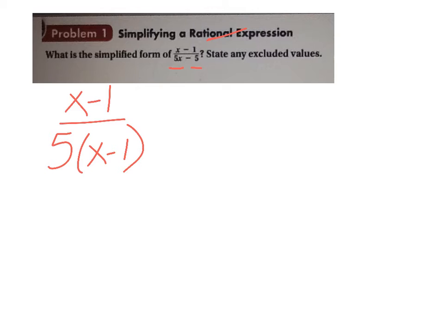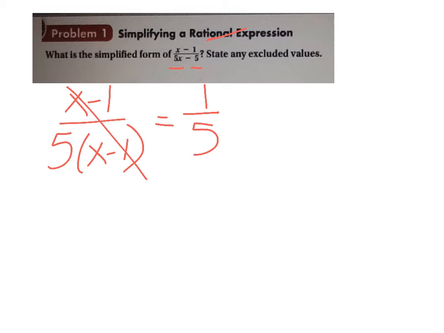If you have something that is the same, you are able to cancel them. They form 1. So these cancel out, and we're left with a 5 on the bottom, and essentially nothing on the top, but we can't leave nothing, so we're going to fill it in with a 1. You can take that rational expression that we started with, and in the end it becomes 1 over 5.